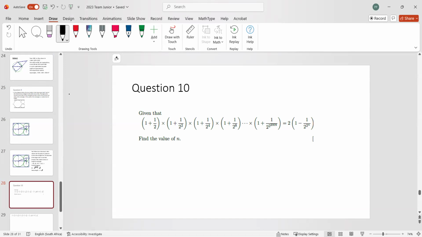And the next one is 1 over 2 to the power of 8. You're multiplying all these quantities, and you go up to this monster of a number, 2 to the power of, and you got the index is 2 to the power of 2009.